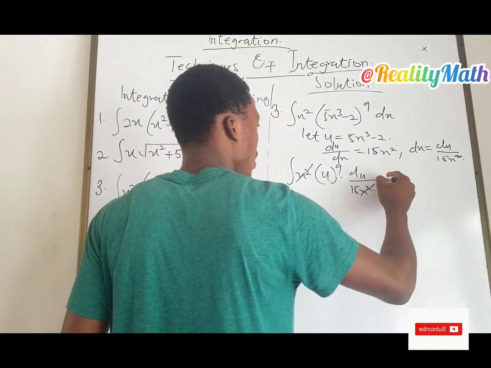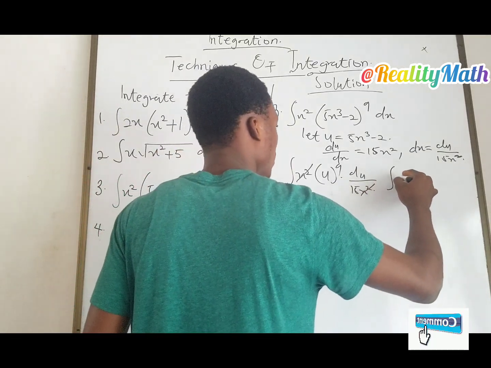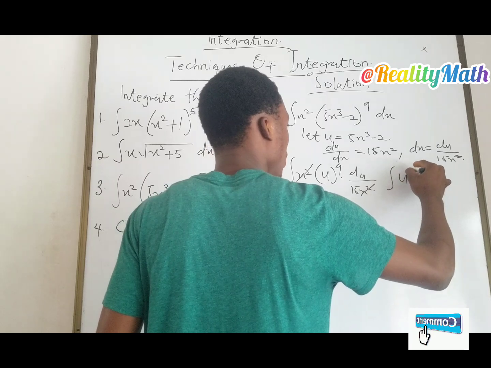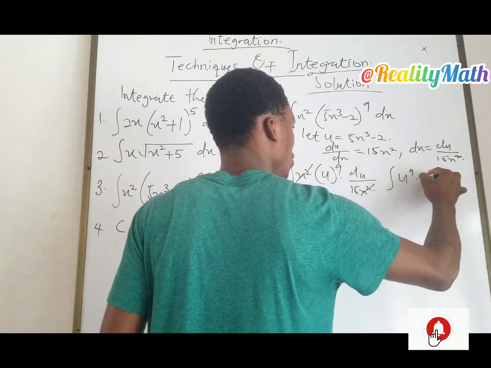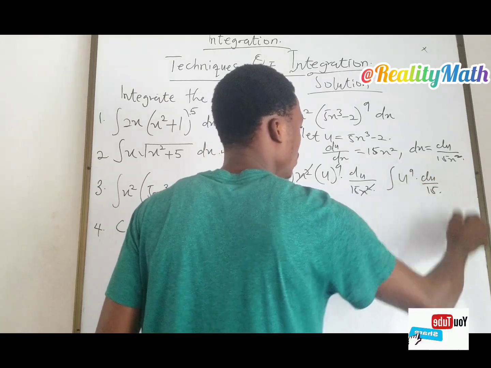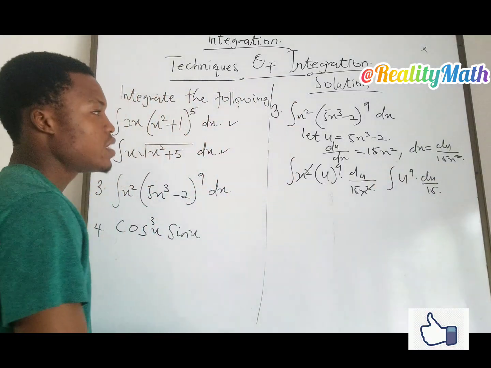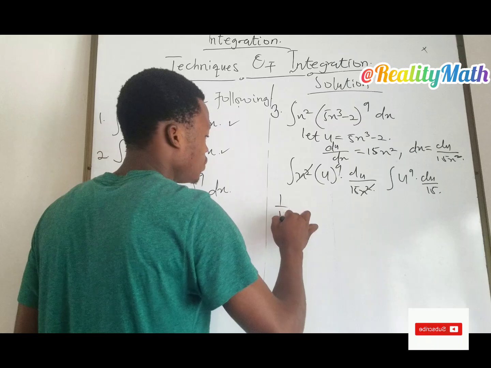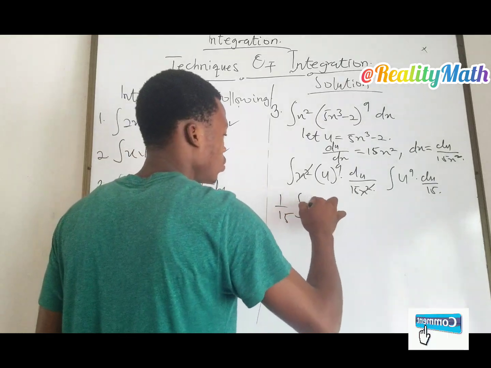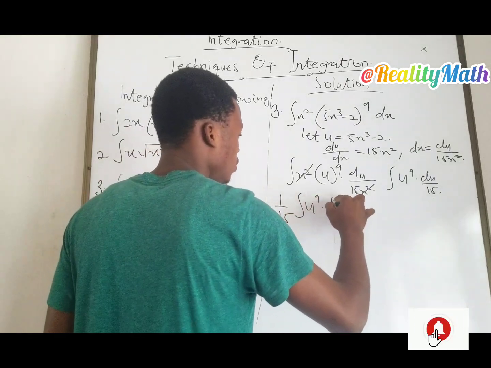Now this is now coming to look as integral of u to the power what? 9 du all over 15. So let's factor out 1 over 15 outside the integral sign. So we're having 1 over 15 integral of u to the power 9 du.